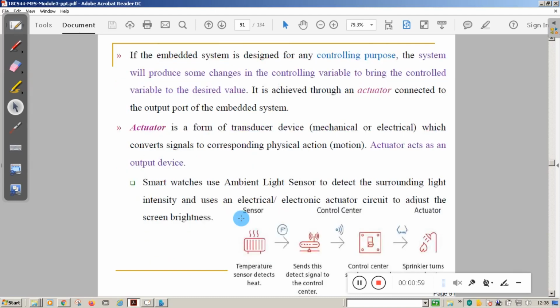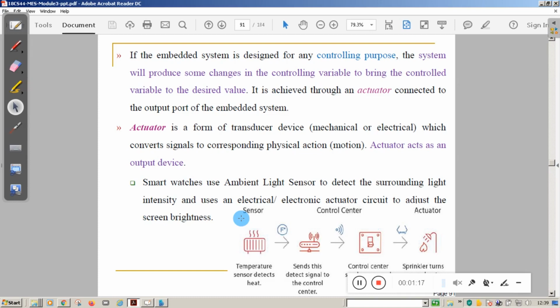Now, in the previous session, we understood an embedded system is used for controlling purpose and for monitoring purpose. An embedded system which is used for monitoring purpose cannot change the state of the variable.